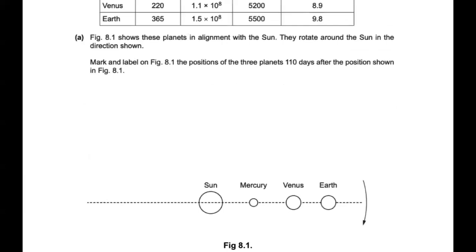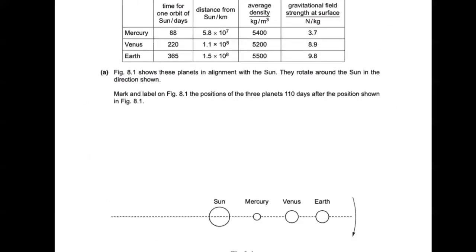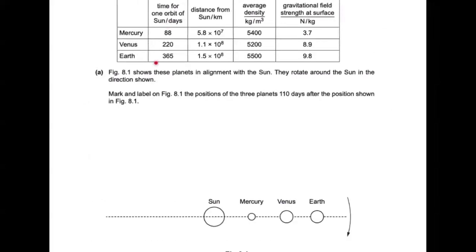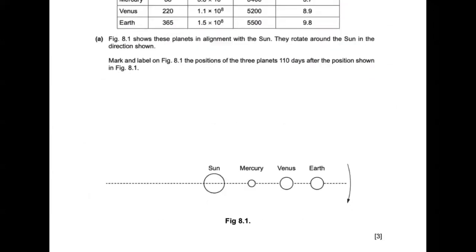Alright, so in 110 days, all we need to do is we have the time period of each of these. So we need to see where the planets, all of these would be. Alright, so let me just do something here to make the orbits clearer. Let me make a few circles here. So like this is one orbit.